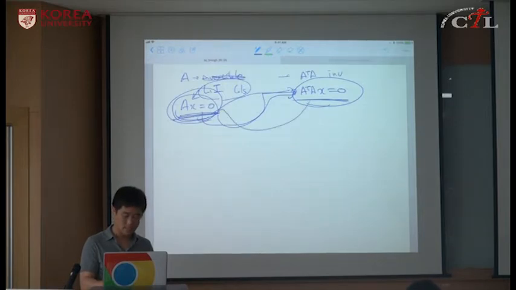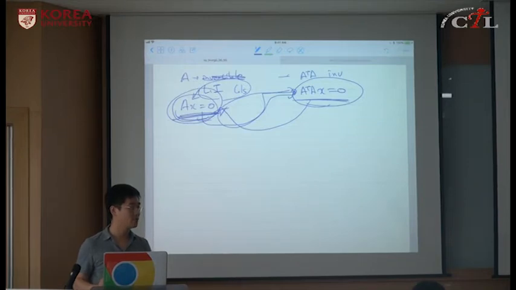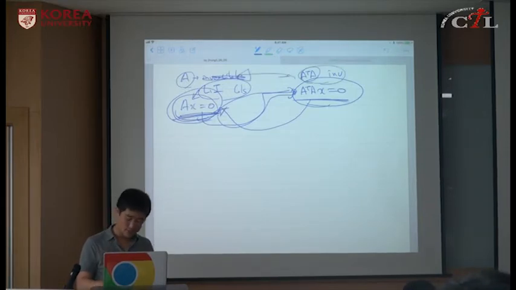And then this part will be true, and if we show both directions, then these two are equivalent, which means if A has linearly independent columns, then A transpose A is invertible, and if this one is invertible, then this guy is also true. Okay, so if this one is holding true, then we can simply multiply this guy, and this one will be 0, and then we obtain this.